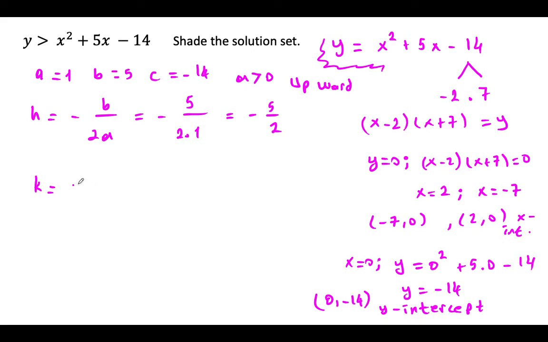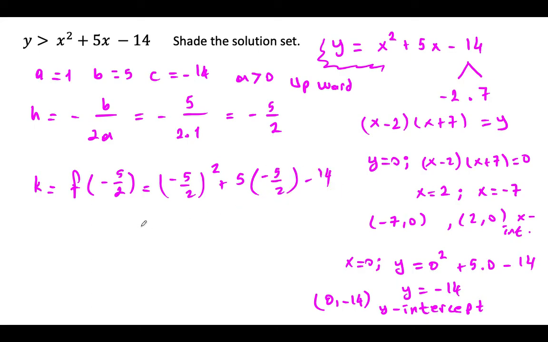I am finding it. So f of negative 5 over 2 is negative 5 over 2 squared plus 5 times negative 5 over 2 minus 14. This is equal to 25 over 4. By the way, you can use the calculator.